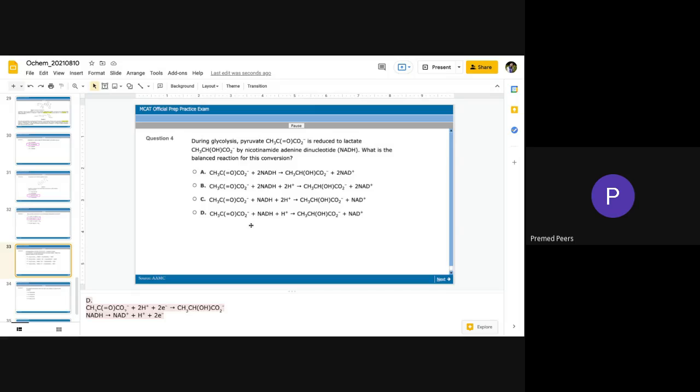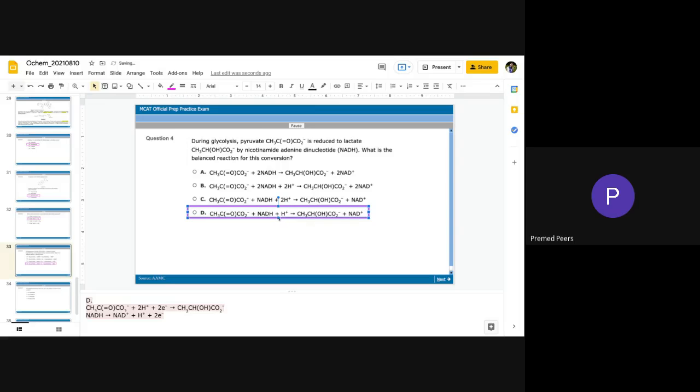That means you're going to need 2 hydrogens. One is from the NADH, and the second one is going to be the proton. And also, when you have a proton, you can see that the charge is basically balanced, with both sides becoming neutral. So that is why it's making the answer.